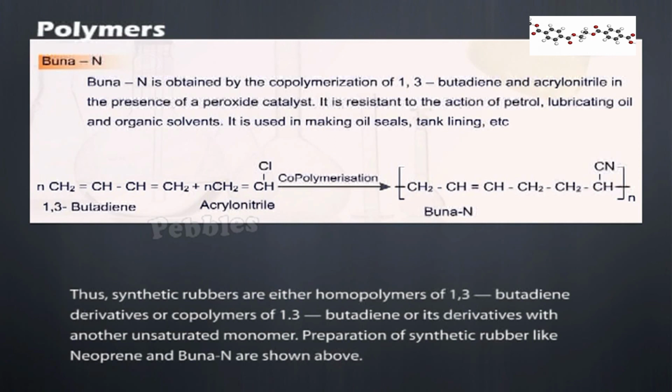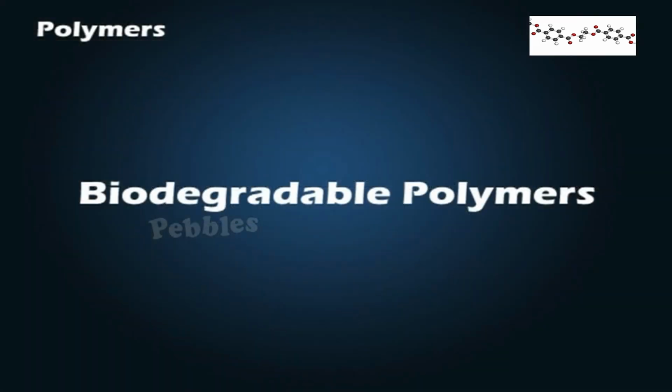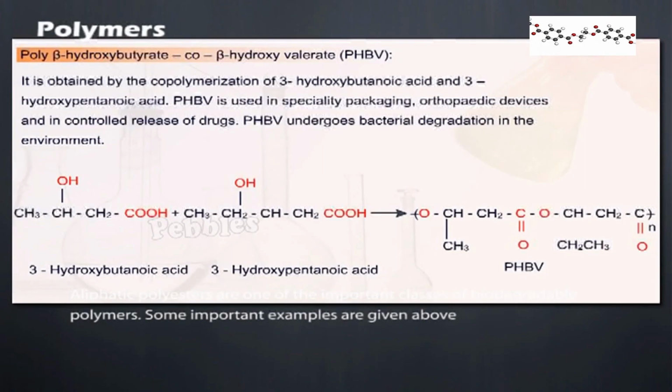Preparation of synthetic rubber like neoprene and Buna-N are shown above. Biodegradable polymer. Aliphatic polyesters are one of the important classes of biodegradable polymers. Some important examples are given above.